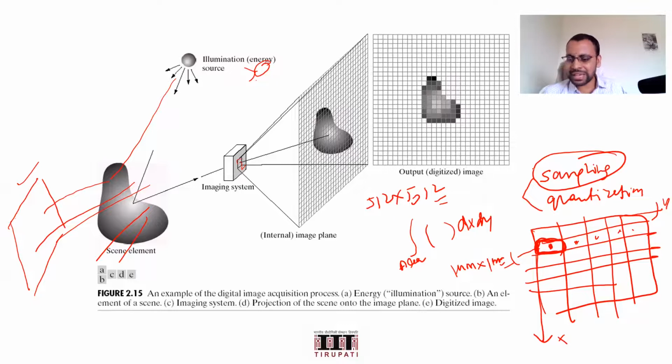For a grayscale image, we've already discussed that the intensity values are between 0 and 255. So, for example, in the first pixel that you have selected, 1 micrometer by 1 micrometer, let us say the intensity value came out to be 1.8. It is being quantized to 2. And in case it came out to be 1.2, then it is being quantized to 1. So that is what quantization is.